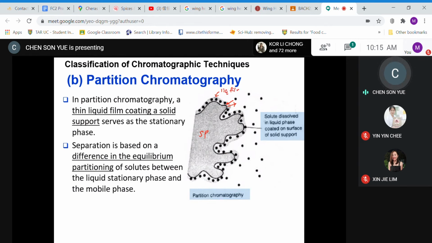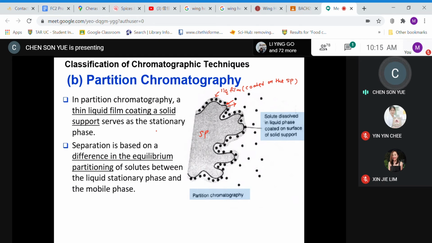It's a layer of liquid film coated on the stationary phase, so permanently coated on the stationary phase. So the sample will go in and come out, and this kind of process we call partitioning.